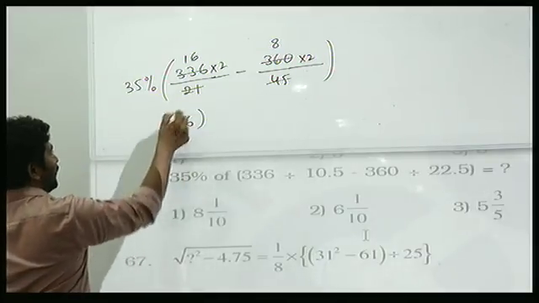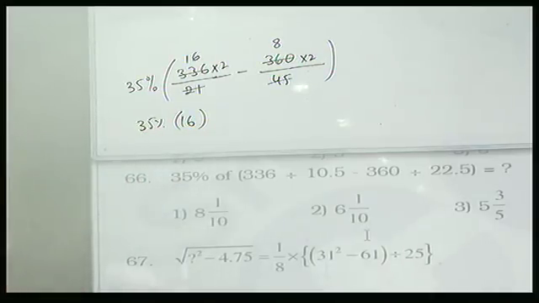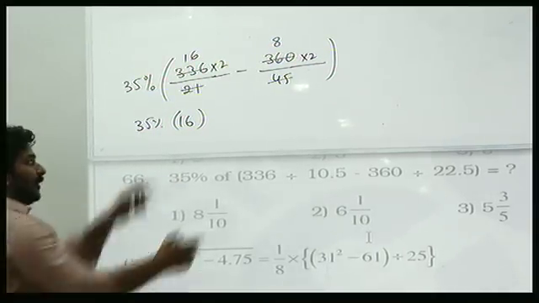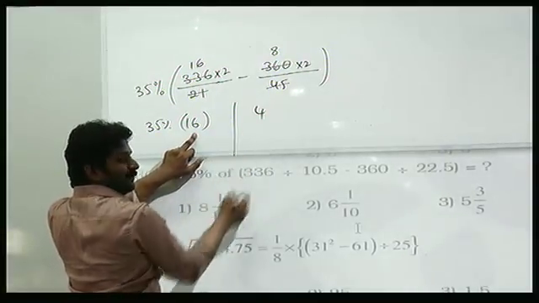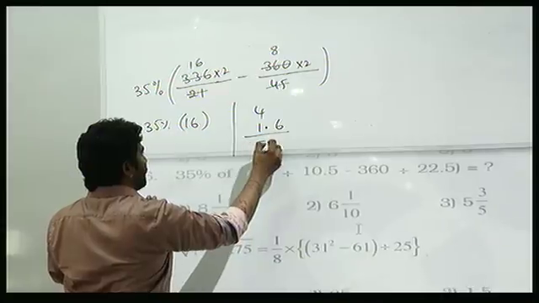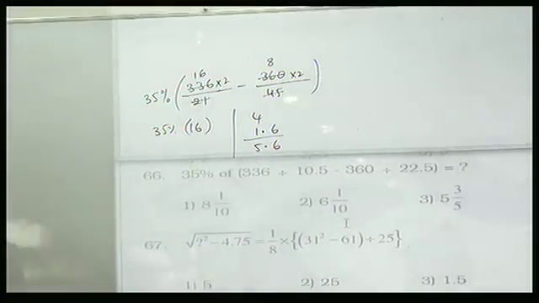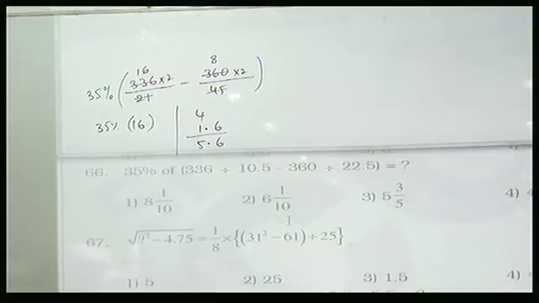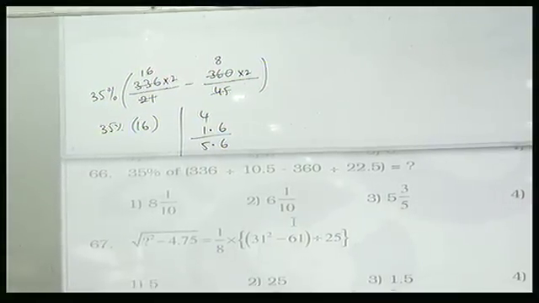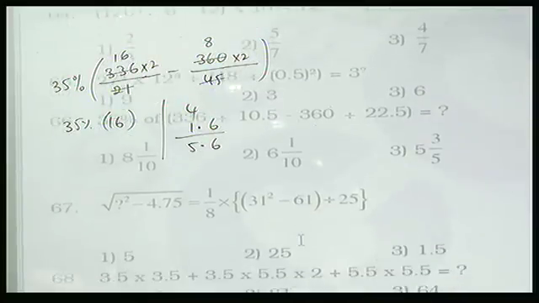So out of 16 you need to calculate 35%. How will you get 35%? 10% plus 25%. 25% of 16 is 4. 10% of this number is 1.6, total 5.6. Third option. Clear? Next.